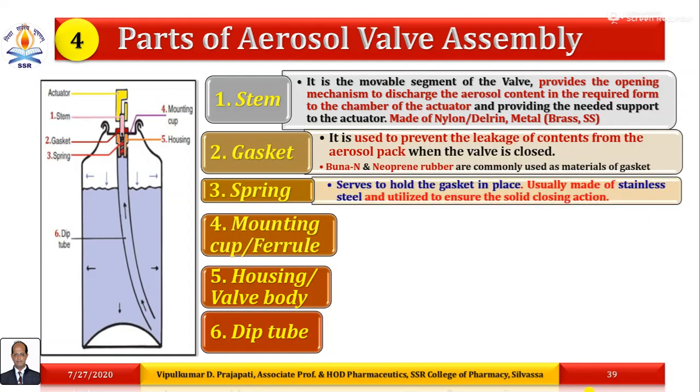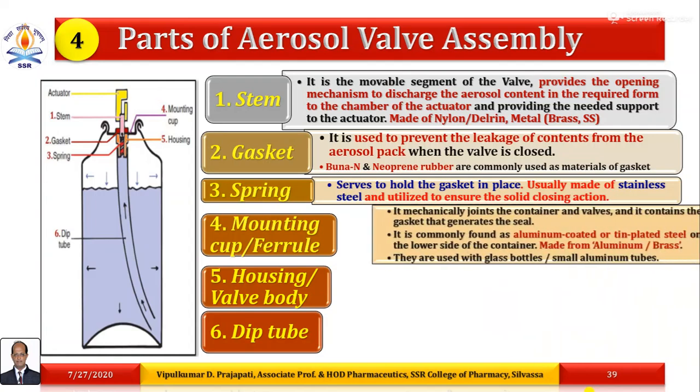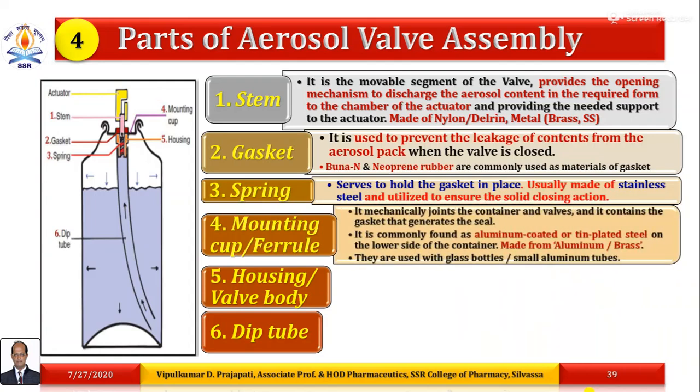Third, spring. It serves to hold the gasket in place, usually made of stainless steel and utilized to ensure the solid closing action. The fourth, mounting cup or ferrule, mechanically joins the container and valves. So the aerosol container and valves are joined due to the mounting cup or ferrule, and it contains the gasket that generates the seal.